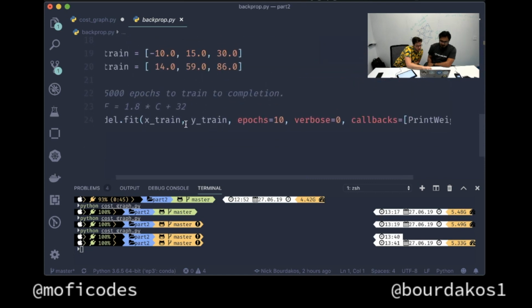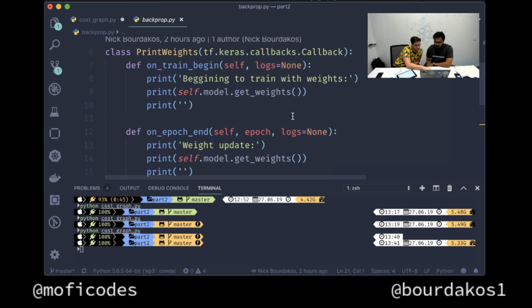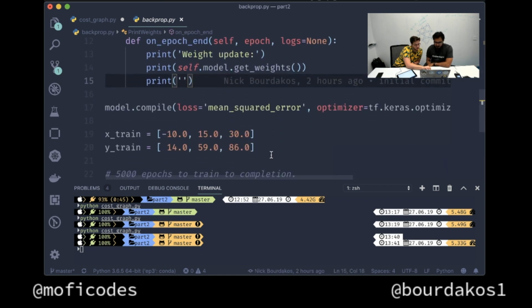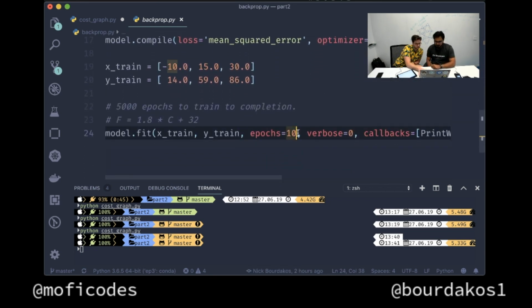I have a model here with the values we were using earlier, and it's going to train it and print out the weights at each step. It will print the initial weights, then the weights after one update, and every epoch after that. I think I did 10, but let's just do 1. So 1 would be just the initial step and nothing else. It'll print out the initial weights and then do 1 learning step.